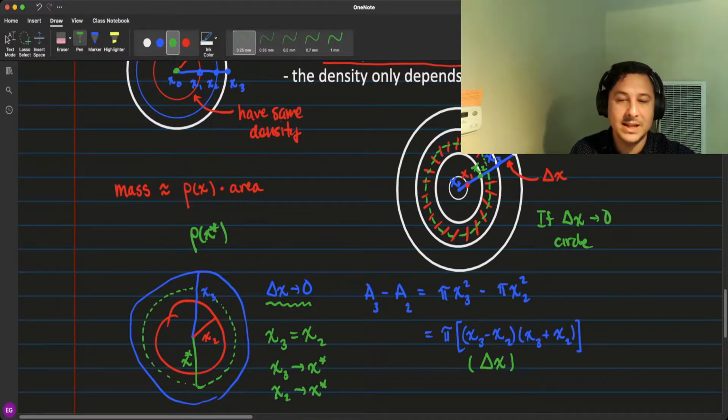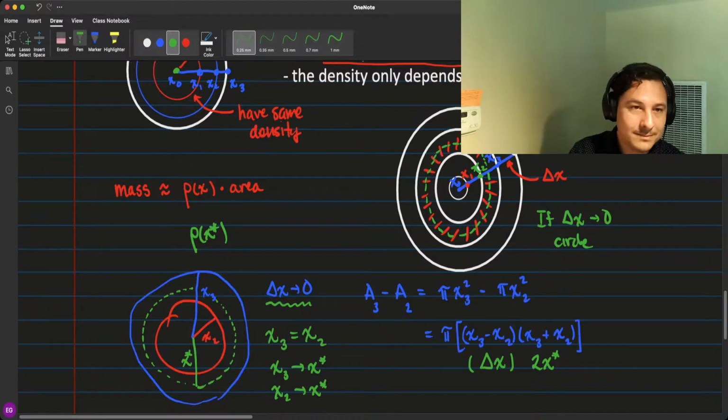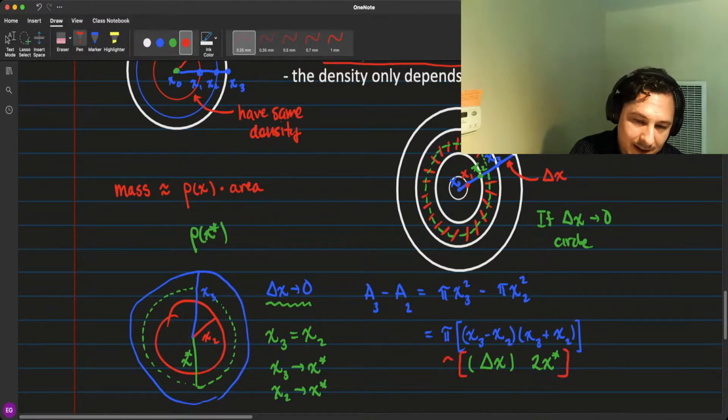So if you were to take the limit of this, what would x3 plus x2 end up being equal to? Yeah, exactly. x3 plus x2 becomes 2x star, because x3 and x2 both approach x star. And now we can rewrite what all this is.